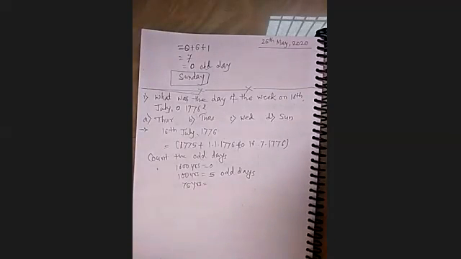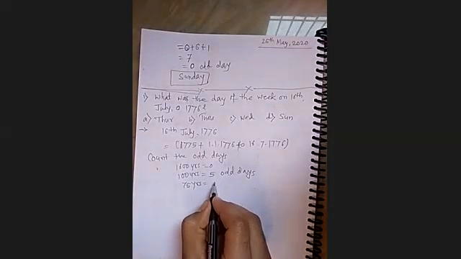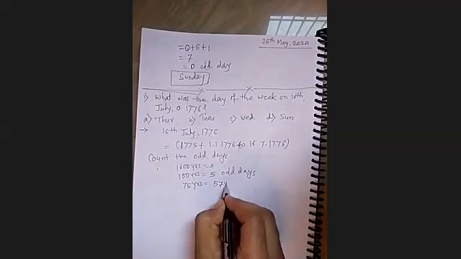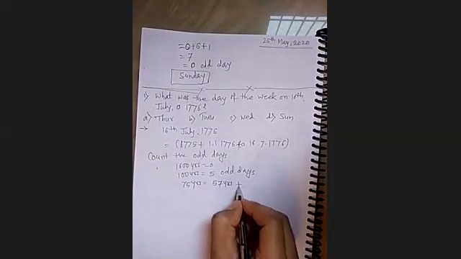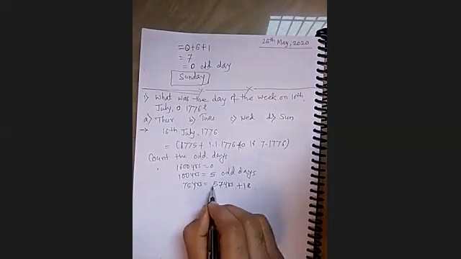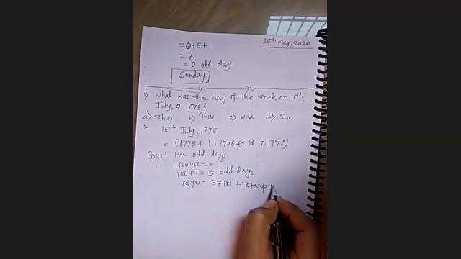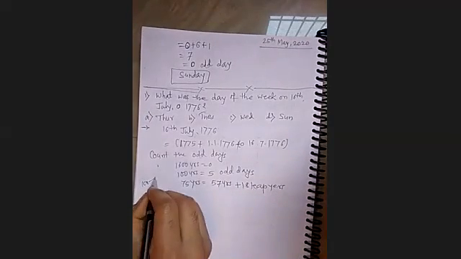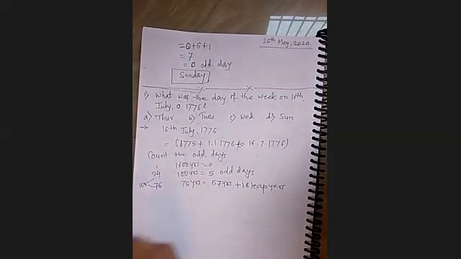These 75 years contain 57 ordinary years plus 18 leap years, because we know 100 years contain 24 leap years and 76 ordinary years.